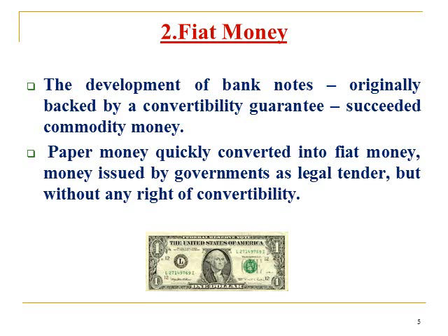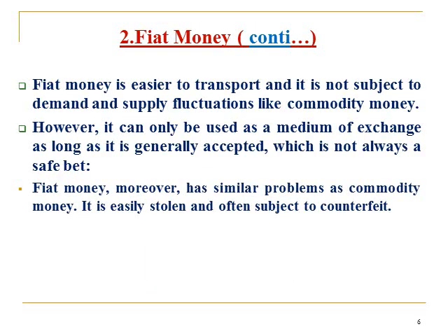Now we move to slide number 6. Okay, we continue about fiat money. Fiat money is easier to transport than the commodity money. So fiat money is easier to transport and it is not subject to demand and supply fluctuations like commodity money.